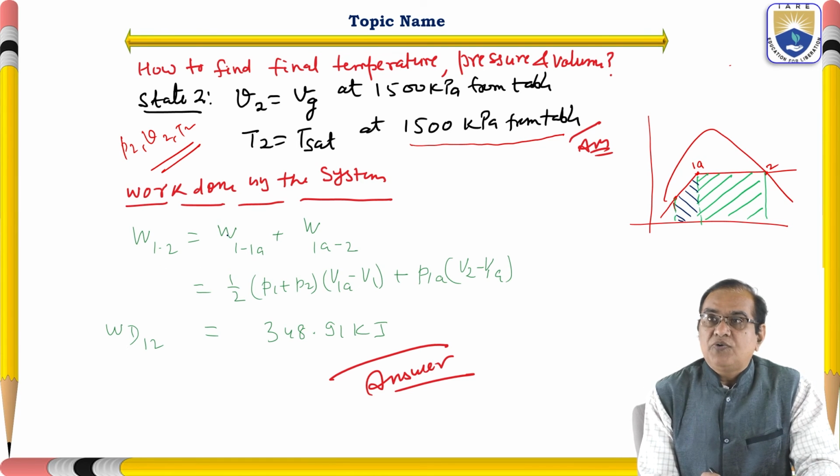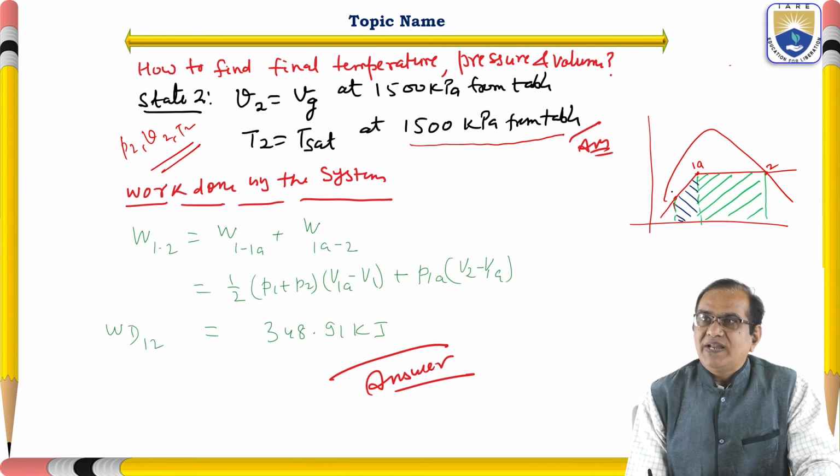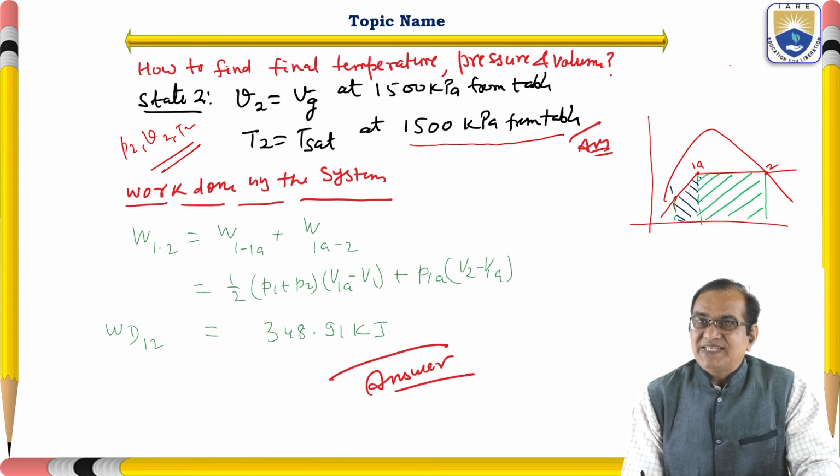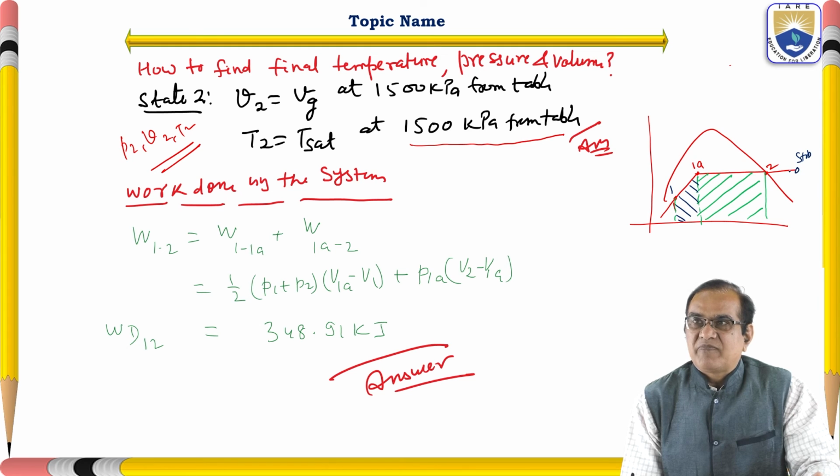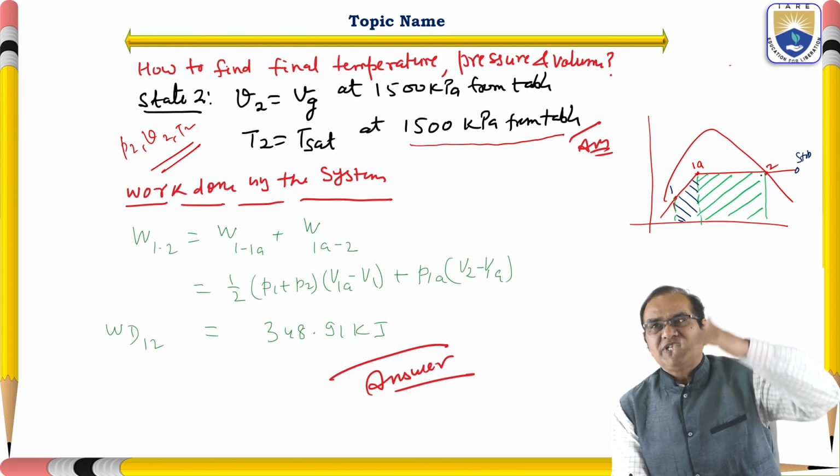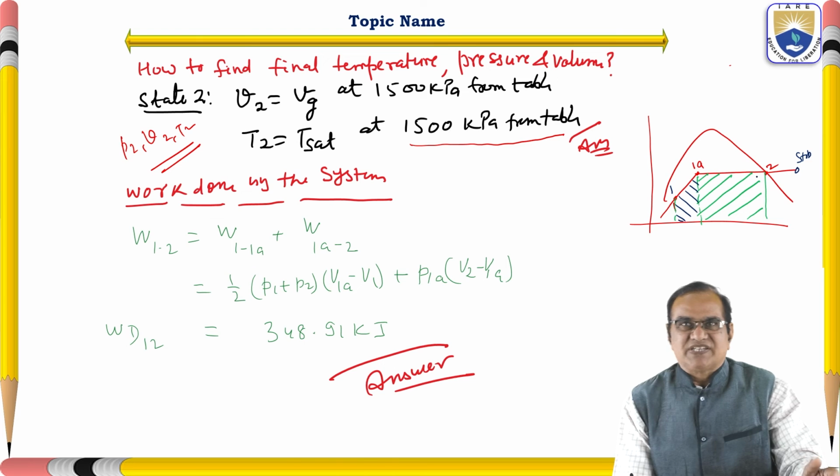So work done is equal to W1-1A plus W1A-2, and here is the stop. We are not concerned with this. Work done is only up to here, not here, because after that, from 2, it is not moving ahead. It is the final state.